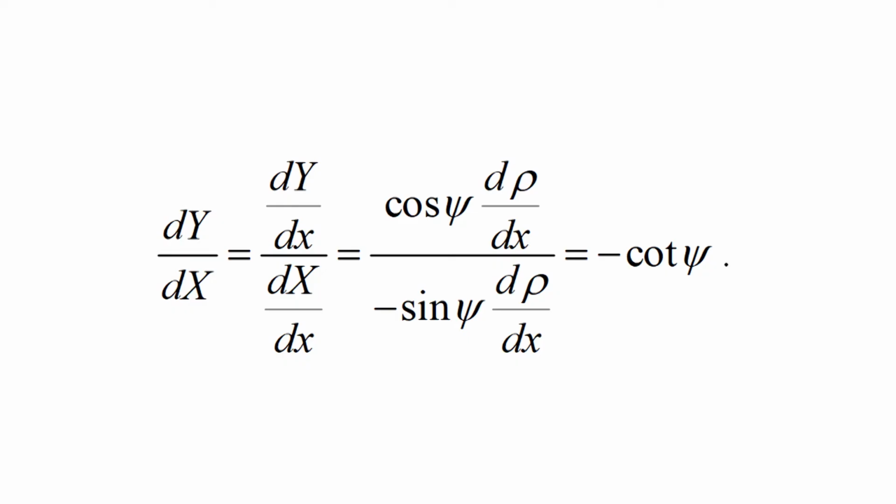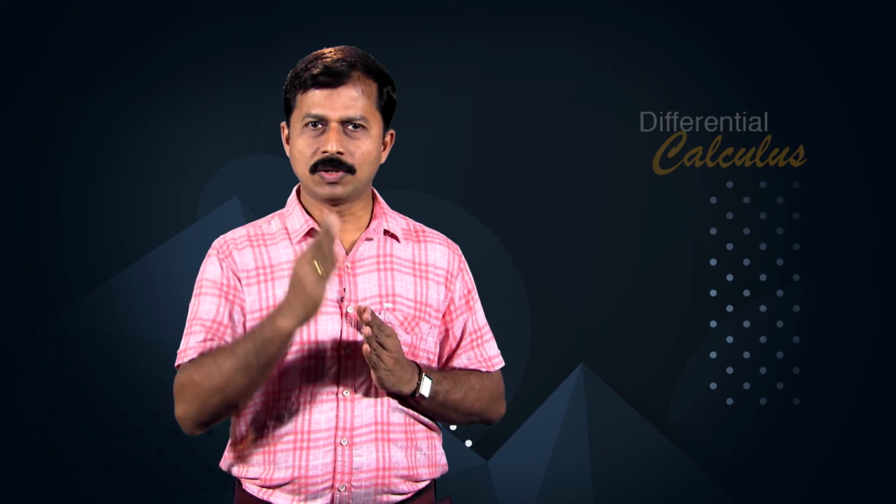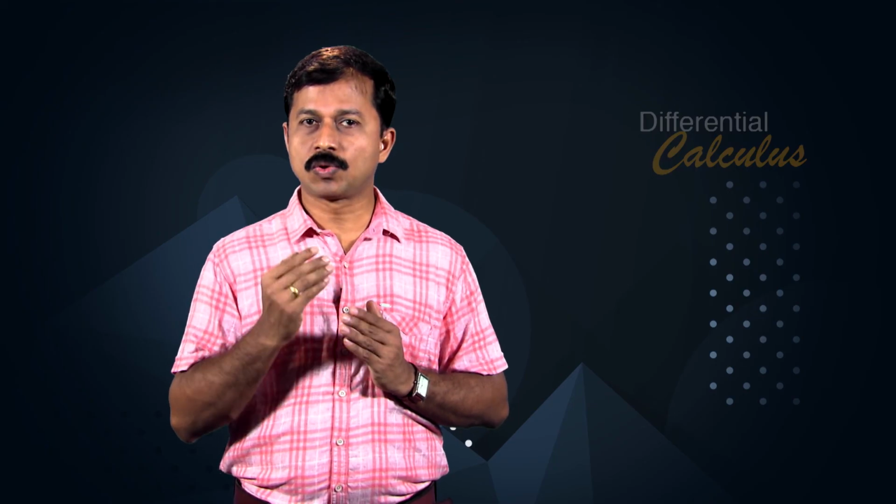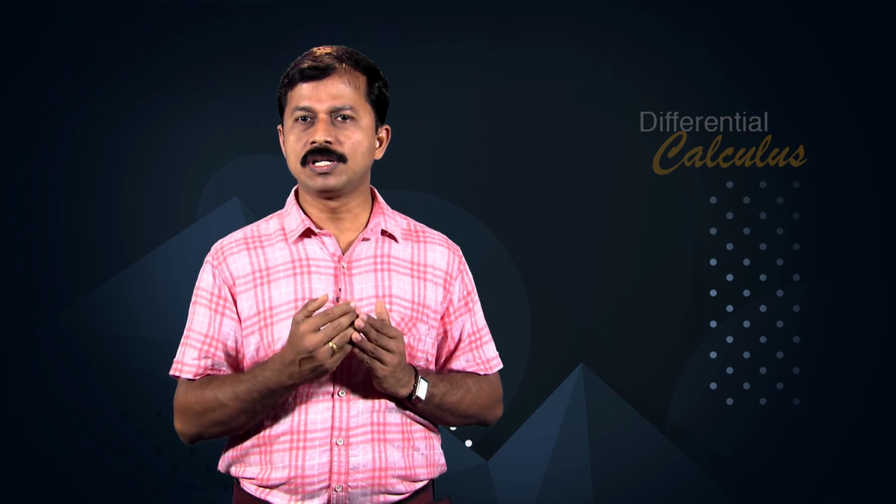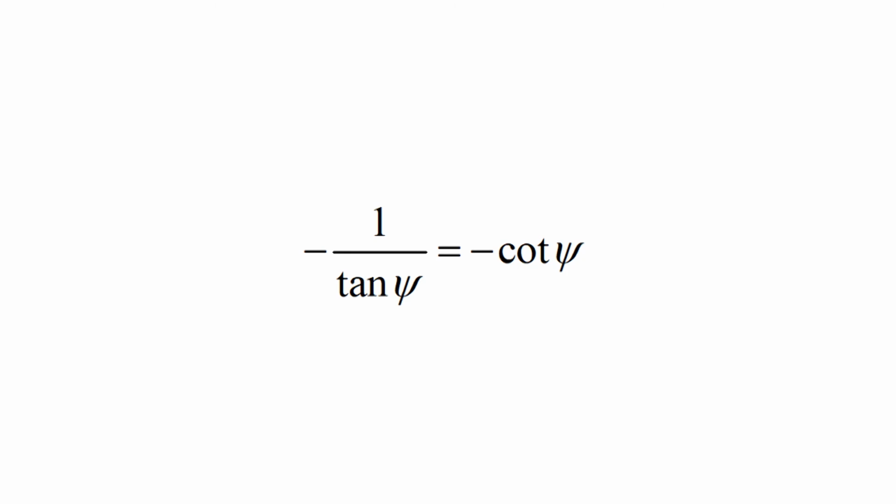From equations 3 and 4, we obtain dY by dX is equal to dY by dx divided by dX by dx, which is equal to cos psi times d rho by dx all divided by negative sin psi times d rho by dx, which is equal to negative cot psi. We note that since tan psi is the slope of the tangent to the original curve at P, the slope of the normal PP prime to the original curve at P is negative 1 upon tan psi, which is equal to negative cot psi.